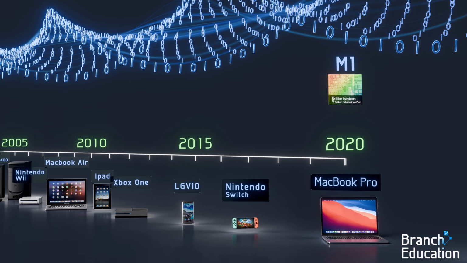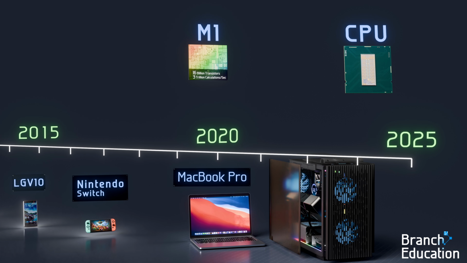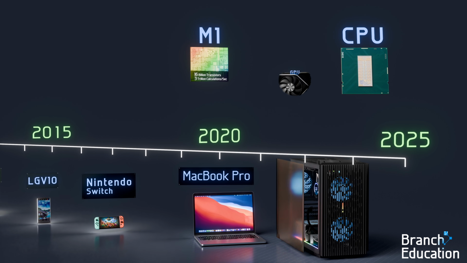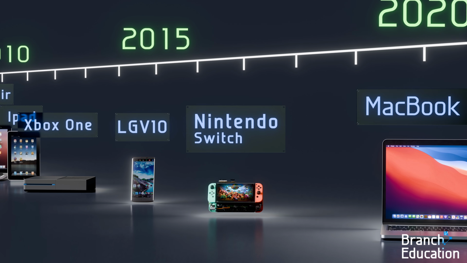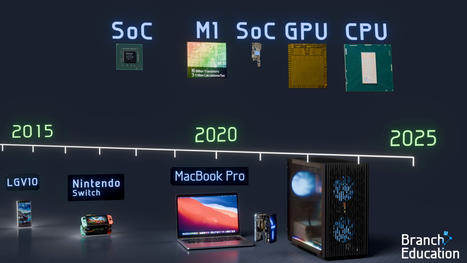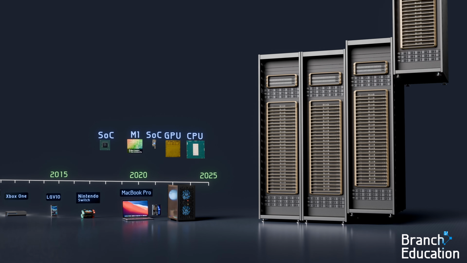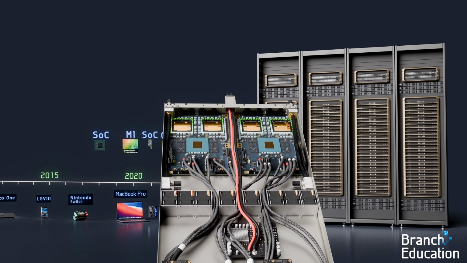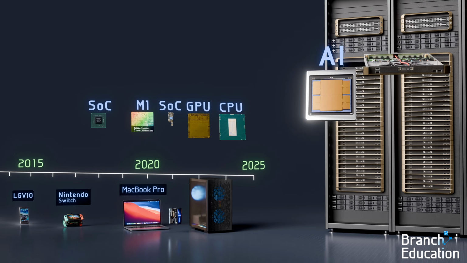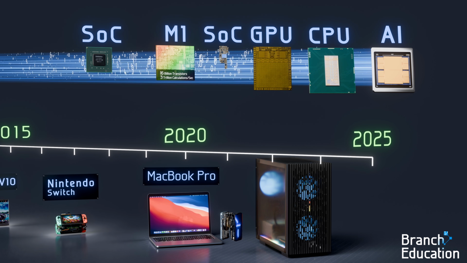In fact, if we were to open up a desktop computer and grab the CPU or the GPU inside the graphics card, or tear down a Nintendo Switch or smartphone and find the system on a chip or SoC, or even if you could make your way into an AI data center and grab a state-of-the-art AI chip, you'd find that all of these processors operate using the same underlying principles.